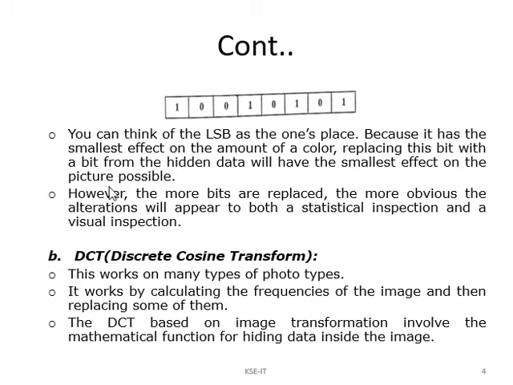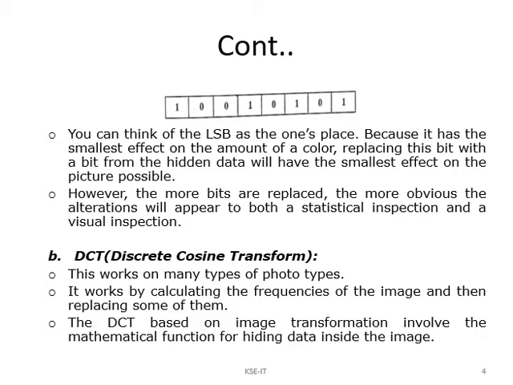Replacing this bit with a bit from the hidden data will have the smallest effect on the picture possible. However, the more bits are replaced, the more obvious the alteration will appear to both a statistical inspection and a visual inspection.